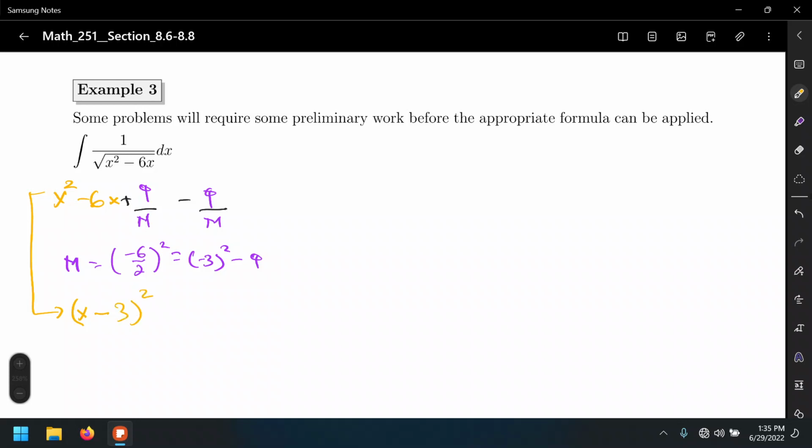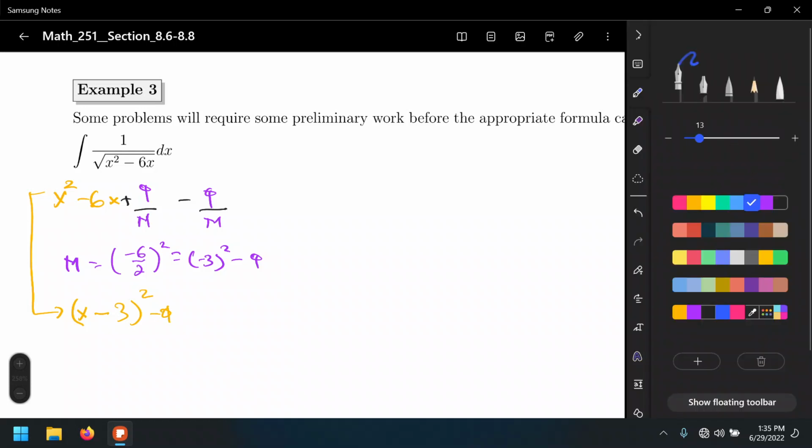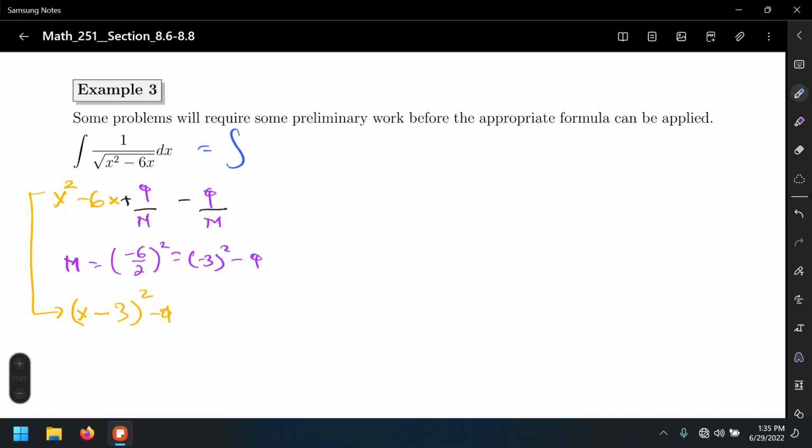Alright, and by the way, I sent you a video on how to factor these perfect square trinomials using those formulas, and then just -9. Okay, so let's go back to the integral. That's the integral of 1 over the square root of x minus 3 quantity squared minus 9, alright, dx.